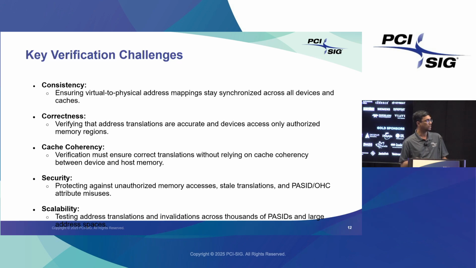And coherency, because if you have one device and one TA, it is okay. If you have multiple devices and multiple VFs and multiple PFs, then coherency matters, because the device can store these memory regions with respect to requester ID and with respect to VF ID also. I will go to that one. So that's why cache coherency is important, and security.